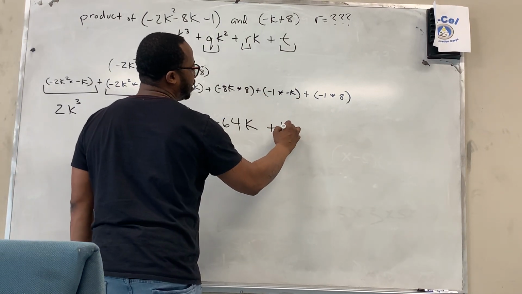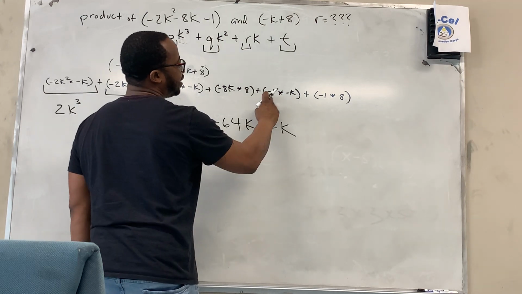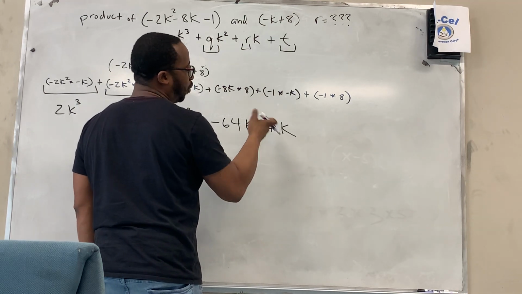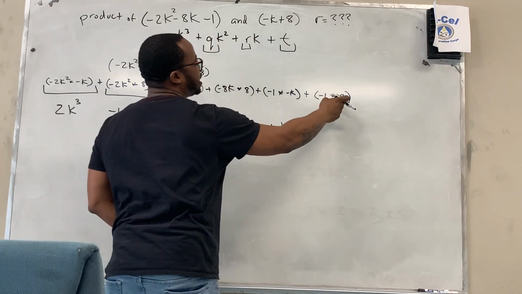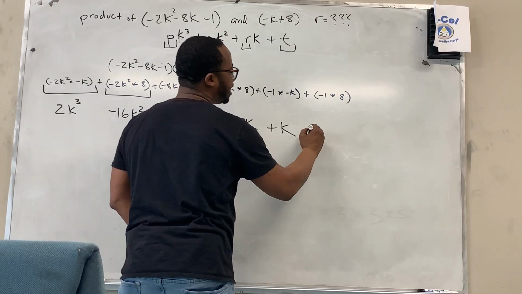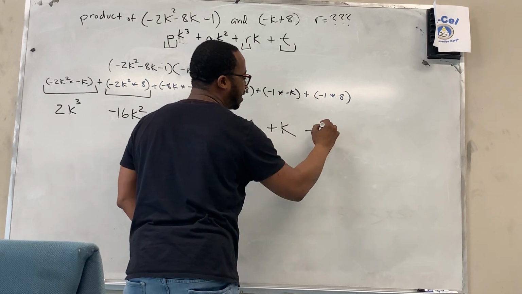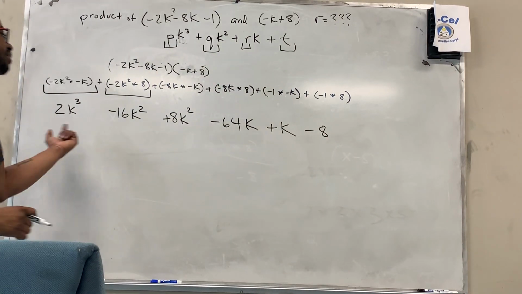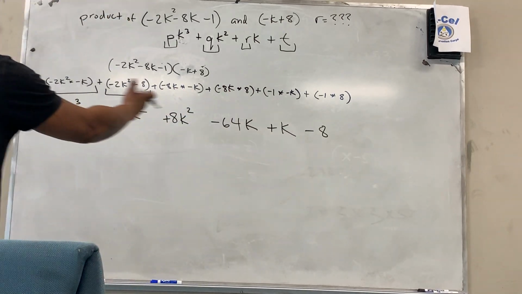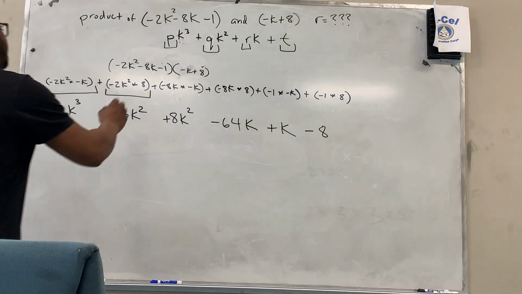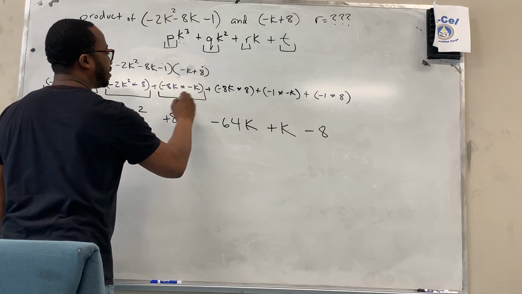This is going to be plus k, because negative 1 times negative 1 is positive 1, and then the k. So 1k is just k. Negative 1 times positive 8. 2 different signs again, so it's negative 8. Like this. Now you see how all of these things change into the 6 things here. Each of them came from this.